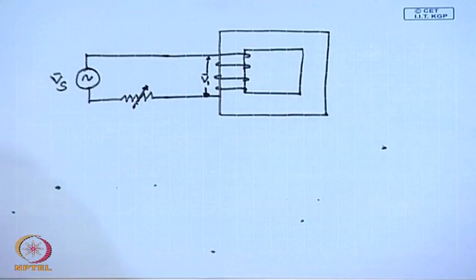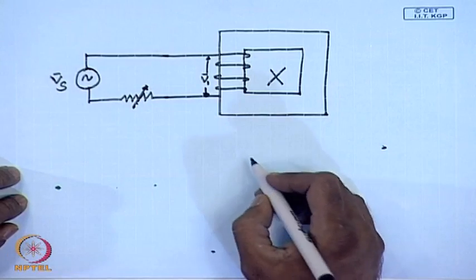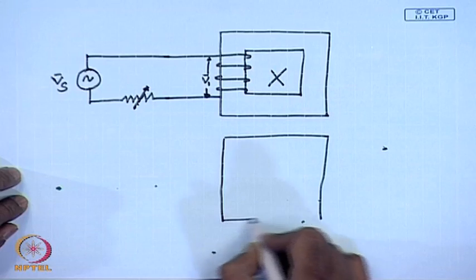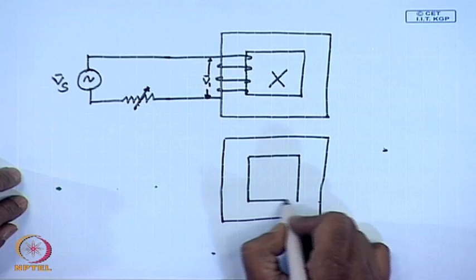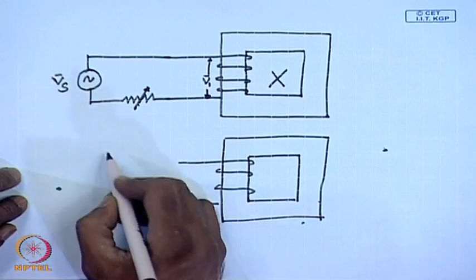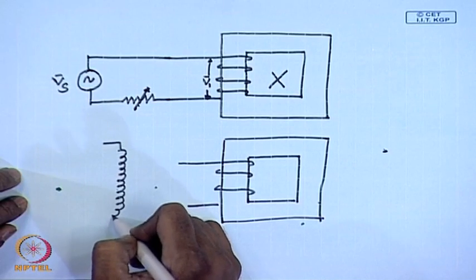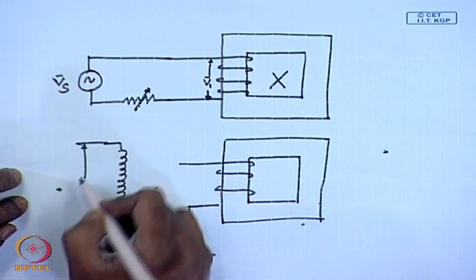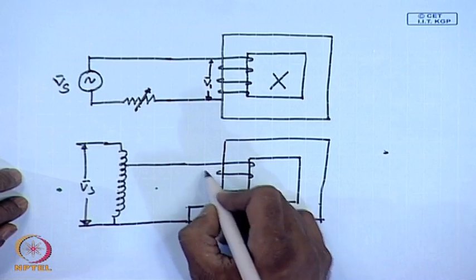So, this circuit is not recommended for doing no load test. If such a situation occurs, then the recommended practice should be to use an auto transformer or a variac to adjust the supply voltage to the required level.